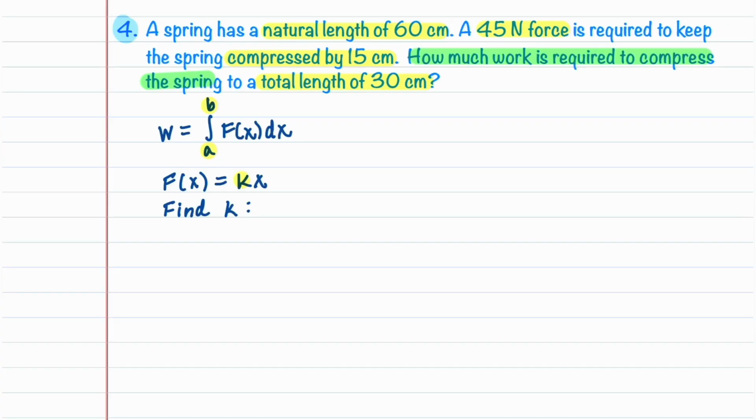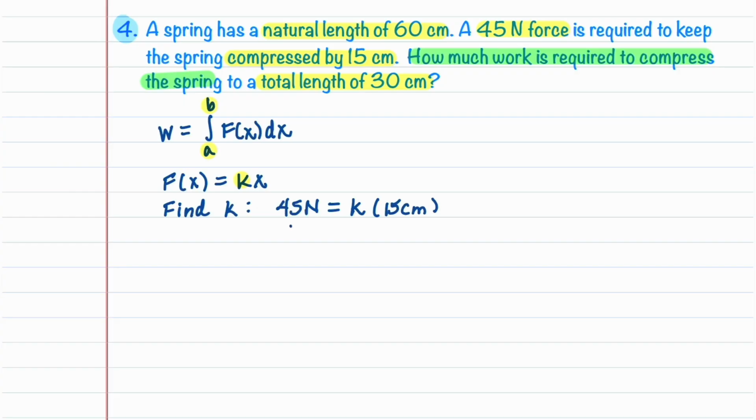We are told that a 45 Newton force is required to keep the spring compressed by 15 centimeters. So we can let our force F be equal to 45 newtons, and it's equal to k times how far the spring is compressed by this force, and that is equal to 15 centimeters.